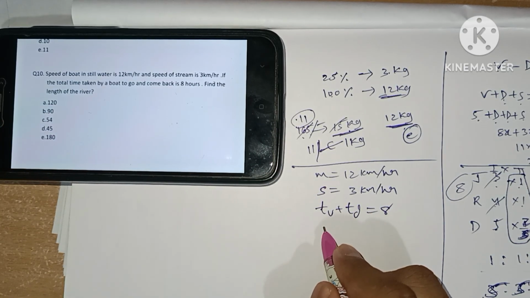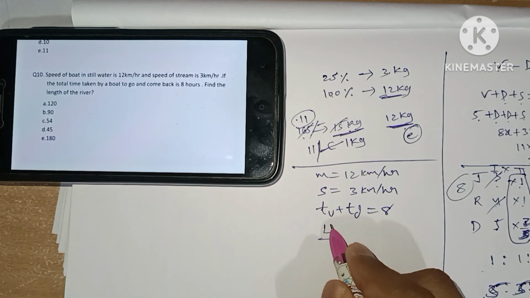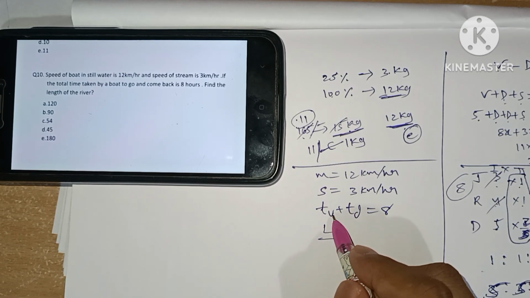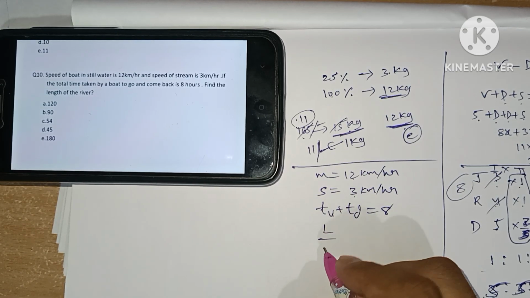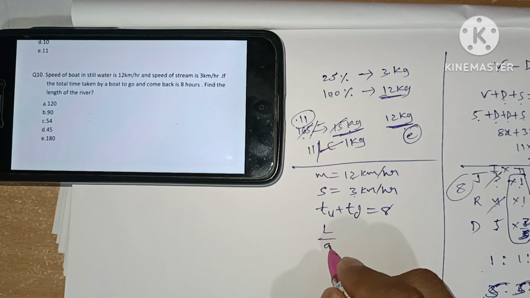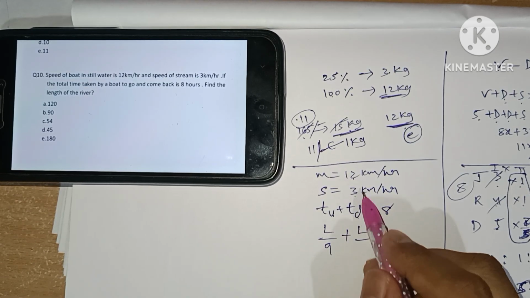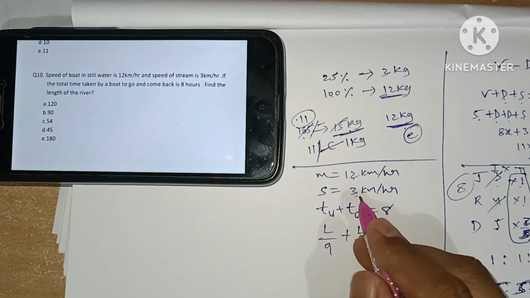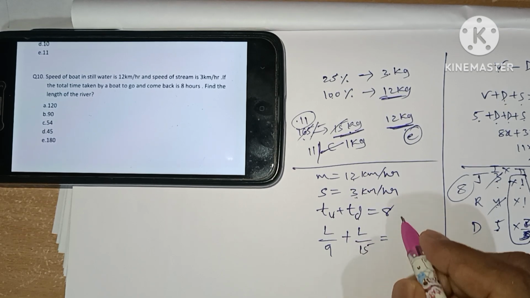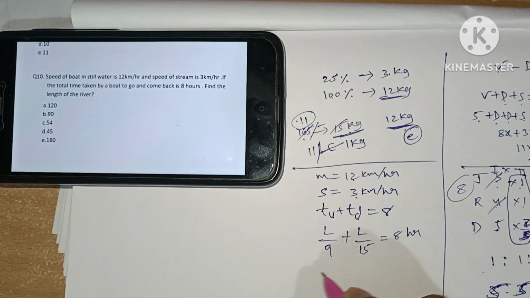We don't know the length of the river, but the upstream speed is 12 minus 3, which is 9, so L divided by 9, plus L divided by the sum of the boat and the stream speeds, which is 15, equals 8 hours.